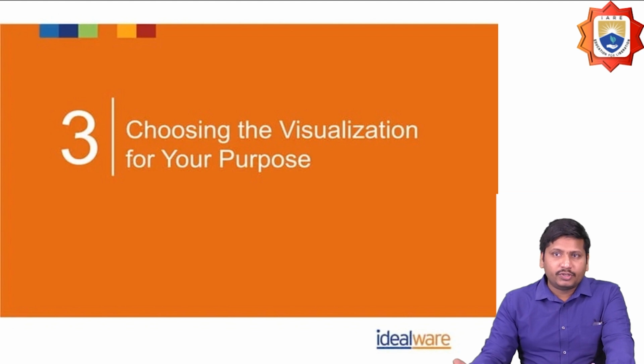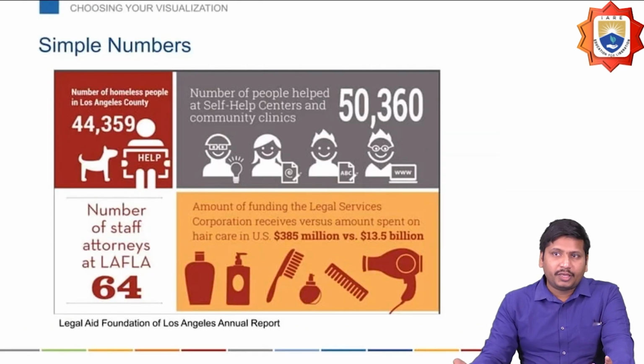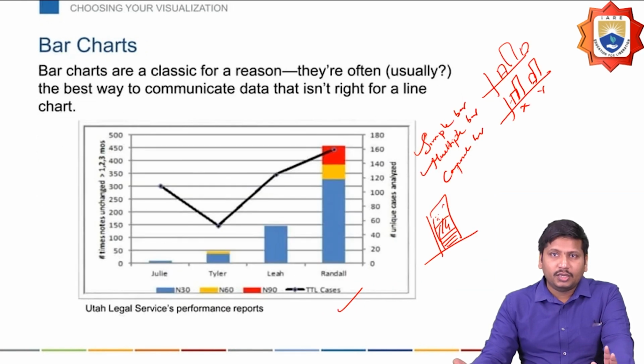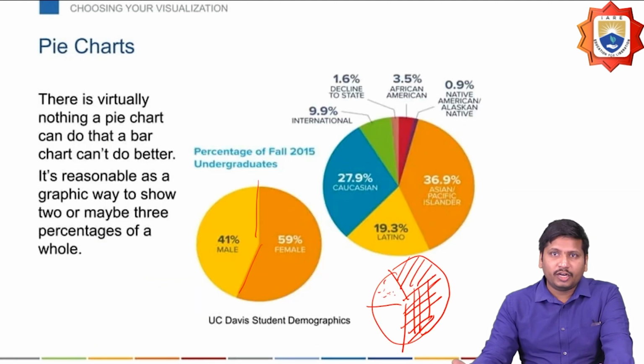And for choosing the visualization for your purpose, for simple numbers, go for the line charts, or whatever is suitable. If the data varies with time, then you have to go for a line chart, and bar charts also have different types. Based on the type, whether it is a simple bar, multiple or composite bar, I have to identify.